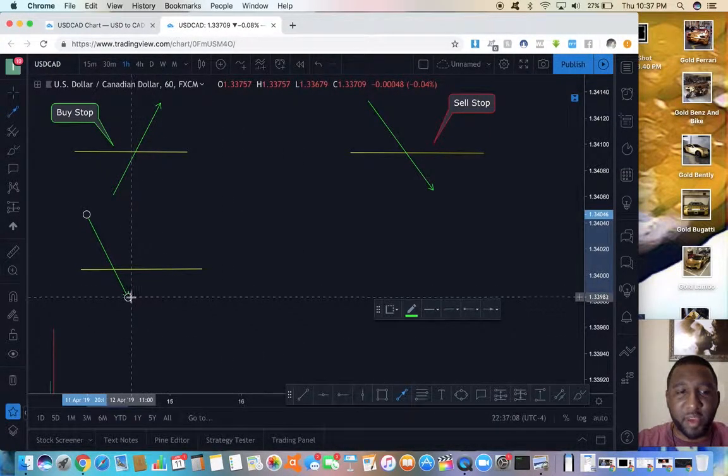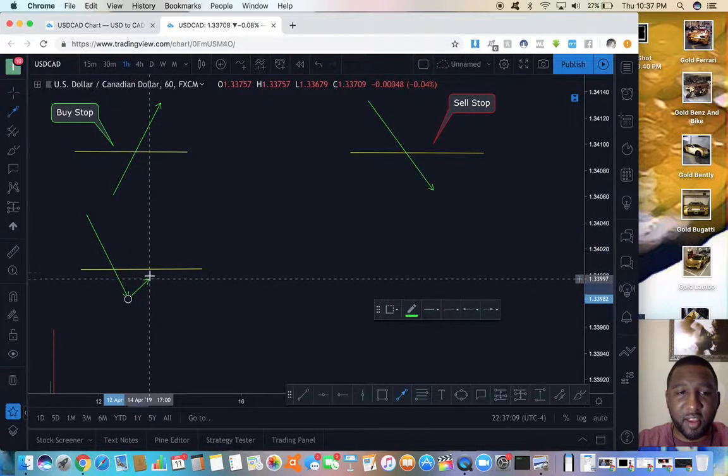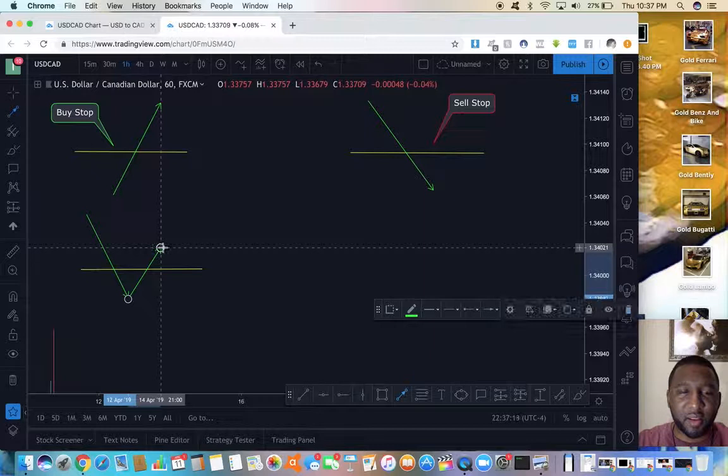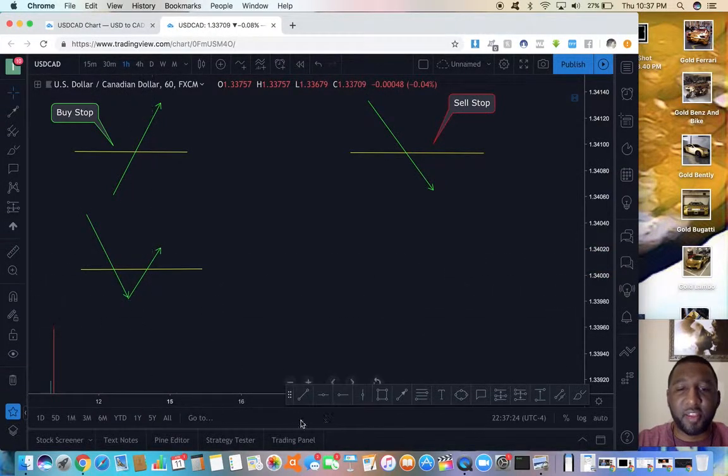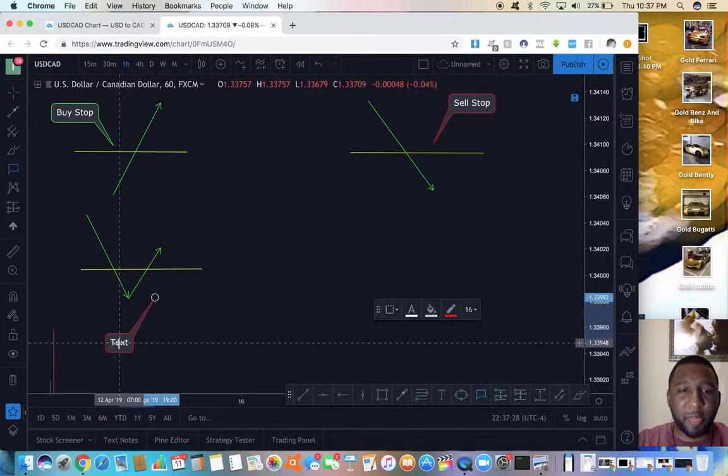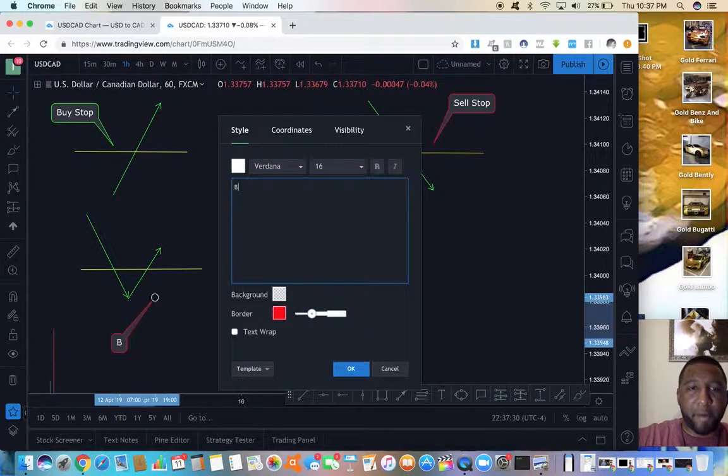But you expect the market to turn around and begin to come back up, right? So you want it to put you in a trade at a particular point, even though it's not going the way you want it to go, but you believe it's going to turn around and start going the way you want it to go. This particular type of trade is called a buy limit.